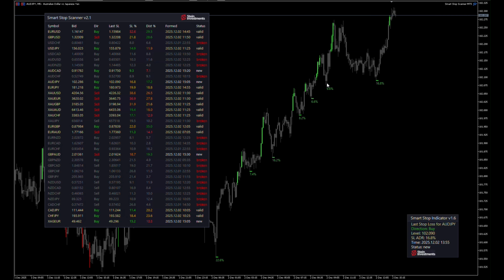Let's walk through a practical example with AUD against the Japanese yen. When I first prepared the recording for this video, the latest stop in AUD Japanese yen was still at 9.6% ADR, a very tight and highly attractive structural setup. Since then the market continued to push higher and Aussie dollar yen has now formed a new stop at 16.8% ADR.